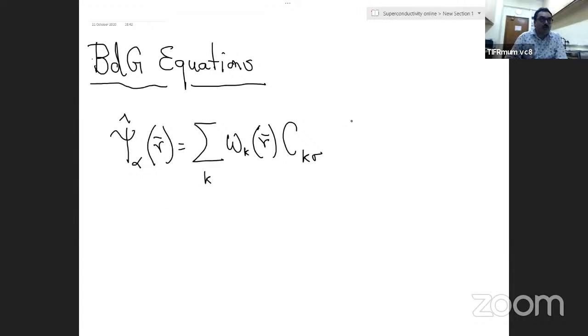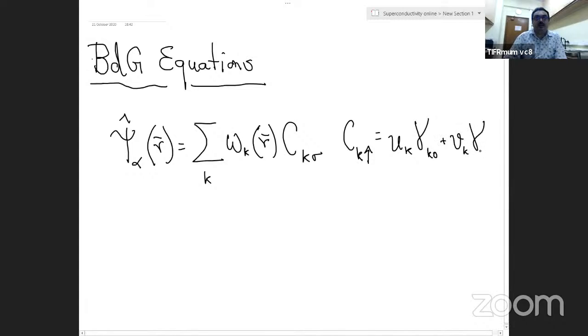Now I know that c_k up, let me just bother about c_k up first, is u_k gamma_k0 plus v_k gamma_k1 dagger.